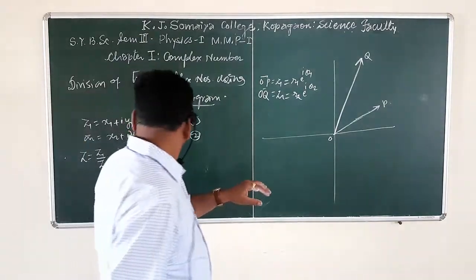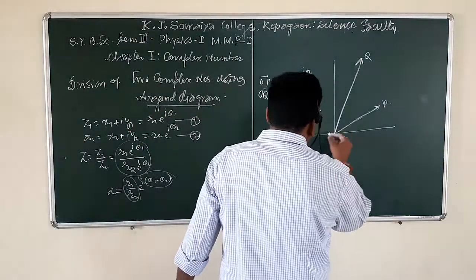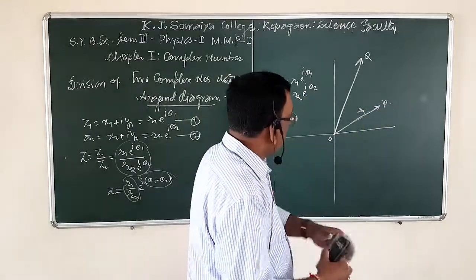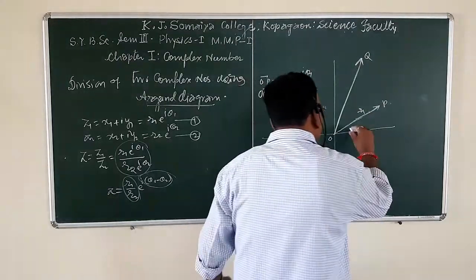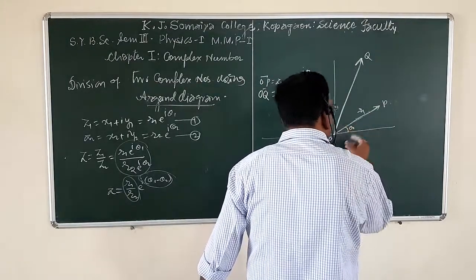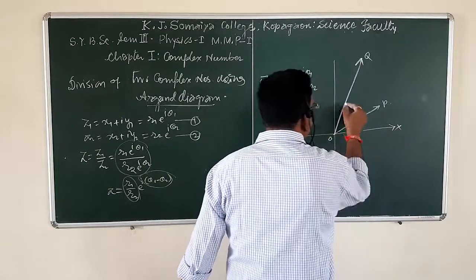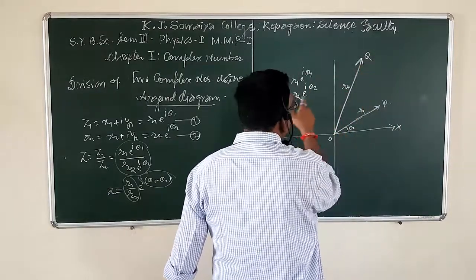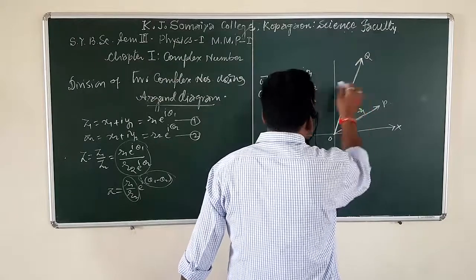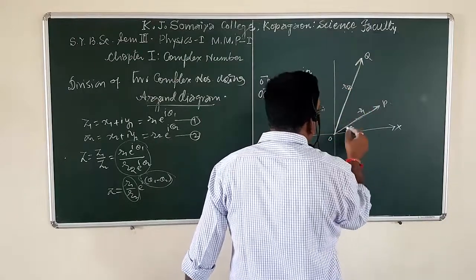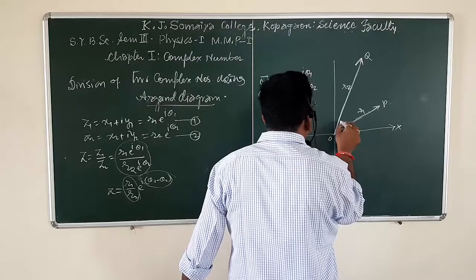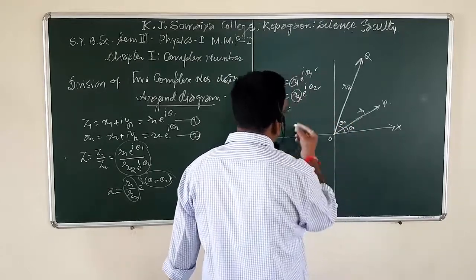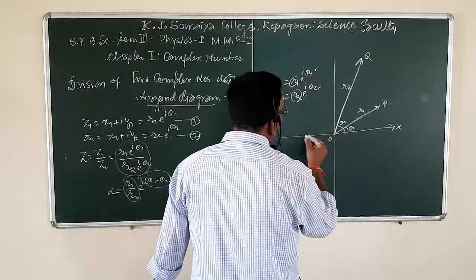Suppose this is vector OP whose modulus is r1, and it makes the angle theta 1 with the x axis. And this is vector OQ, which represents the second complex number whose modulus is r2 and which makes the angle theta 2 with the x axis. Then the resultant angle is theta 1 minus theta 2.